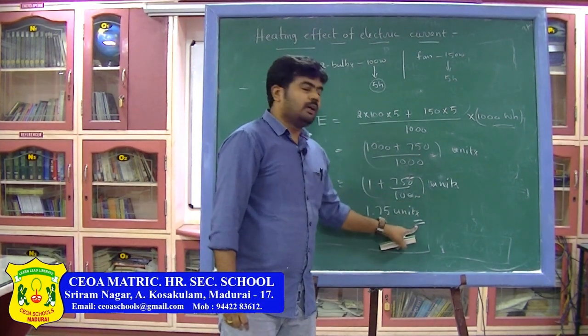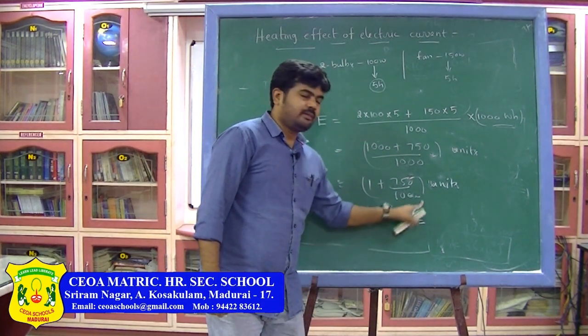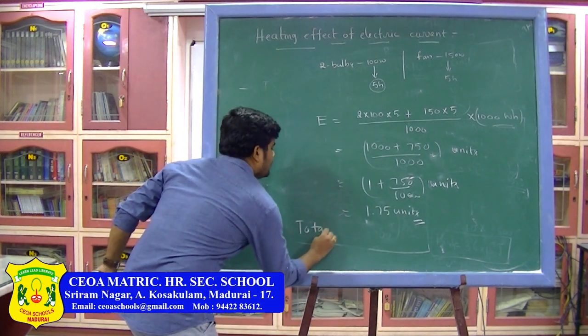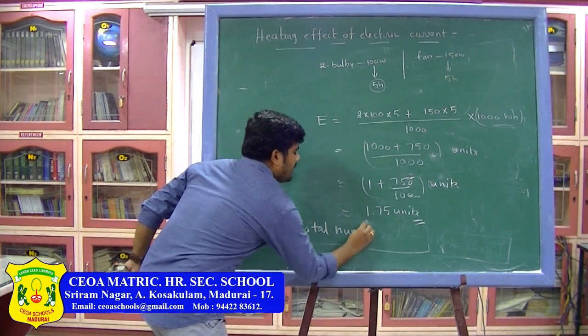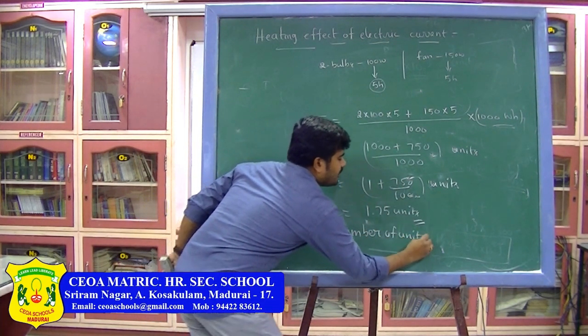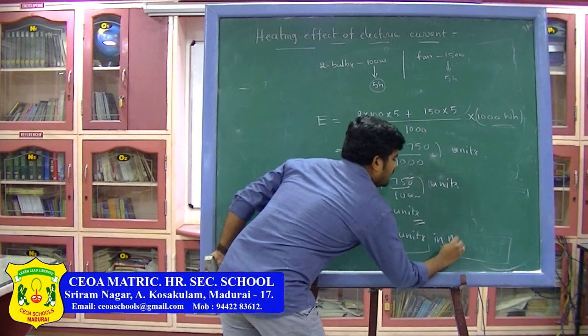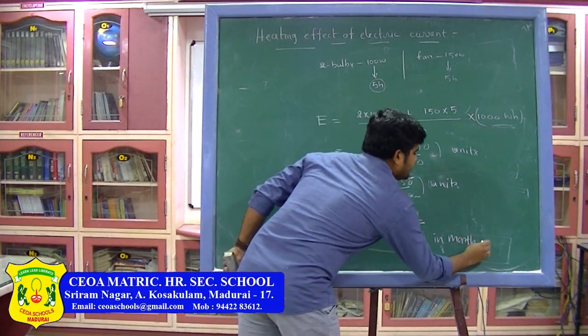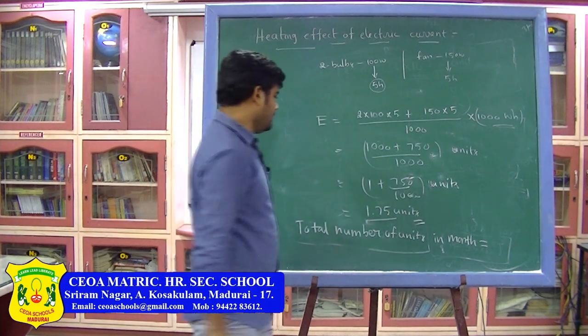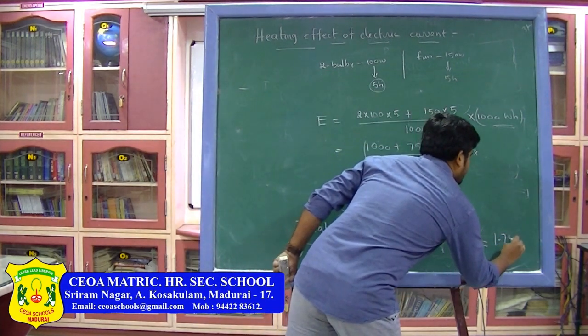Therefore, if there are 30 days in that particular month, then the total number of units consumed in a month of 30 days is equal to the number of units in a day, 1.75, into 30.